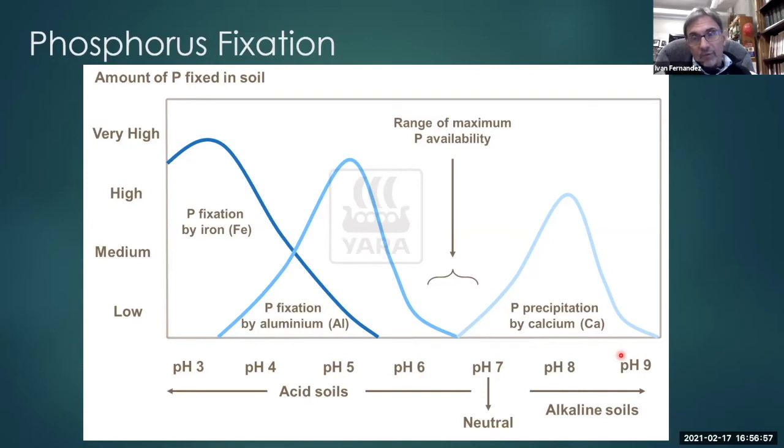It's still there, it's just not available to be taken up because it's locked up in a chemical precipitate with calcium. More often, we're in an acid soil environment, and you've heard me enough talking about this already. Here's the aluminum range, here's the iron range, so you see it's active at a much lower pH.